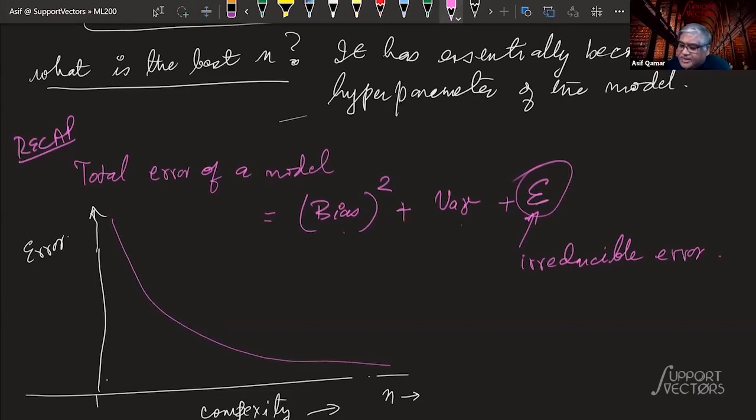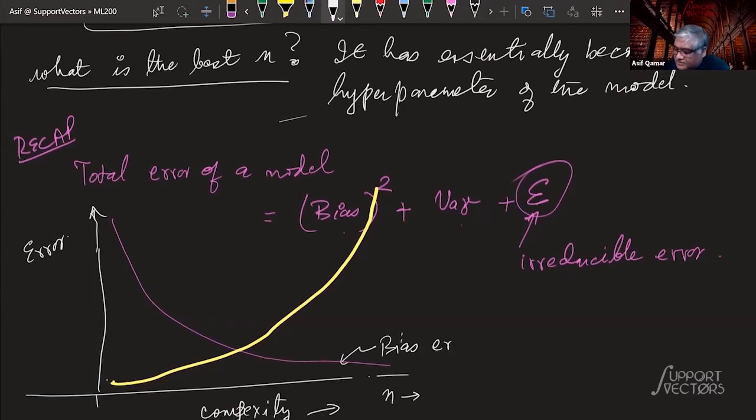Your variance errors, on the other hand, begin to go like this. And let me give names to this. Bias errors, and this is variance errors. So you know that somewhere in between those 2 points is the perfect line.